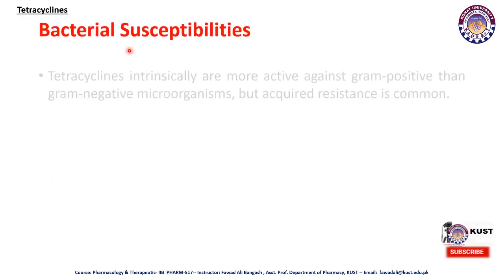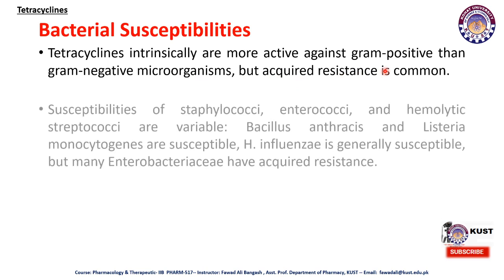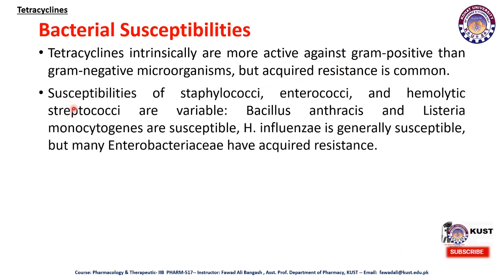Bacterial susceptibilities. Tetracyclines are intrinsically more active against gram-positive than gram-negative bacteria, but acquired resistance is common. Susceptibilities of staphylococci, enterococci, and hemolytic streptococci are variable.